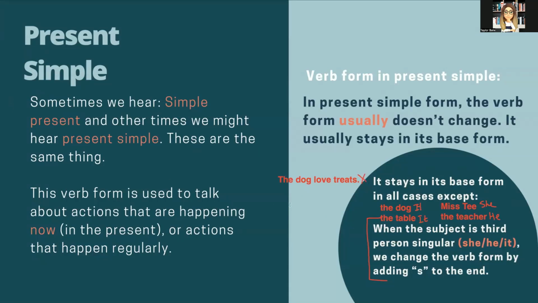And what I'm going to do instead is say the dog loves treats. And now I have added my S onto my verb. Otherwise, the verb doesn't change, just adds an S to the end, and now it's perfect. And I am happy because my grammar is perfect and my sentence makes perfect sense.